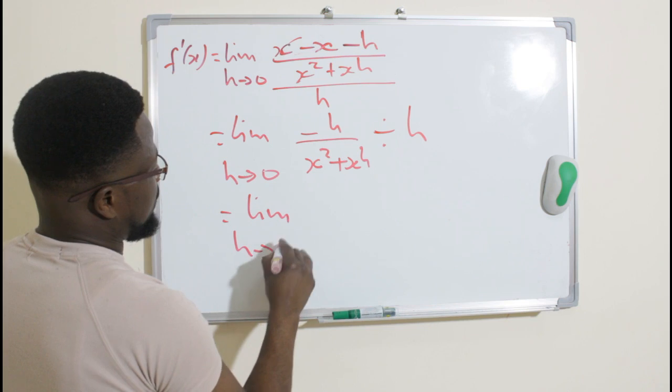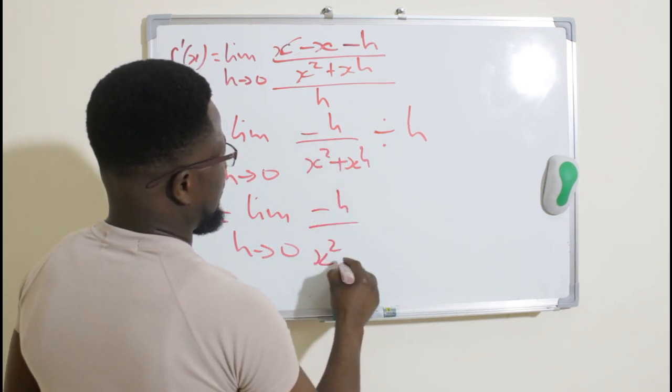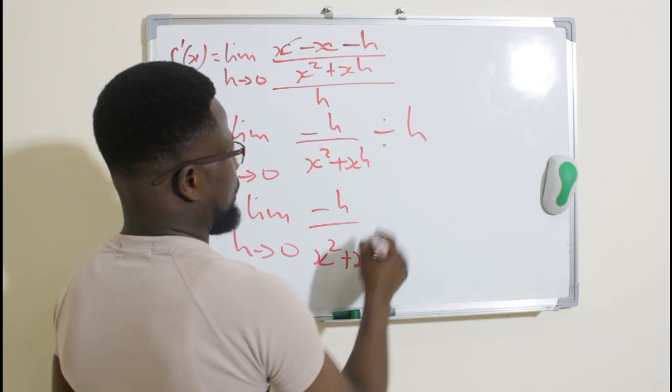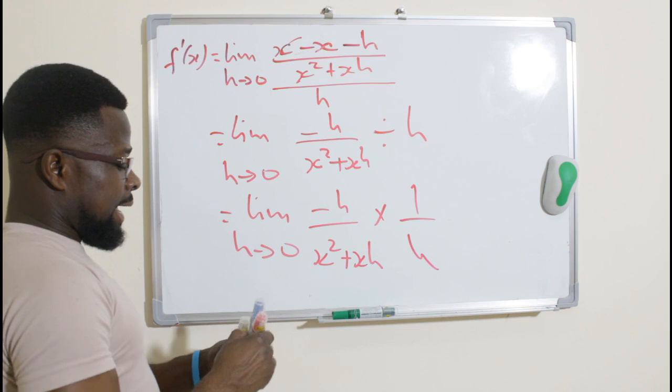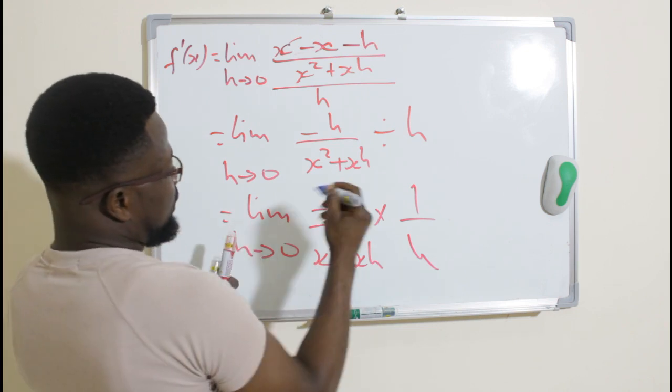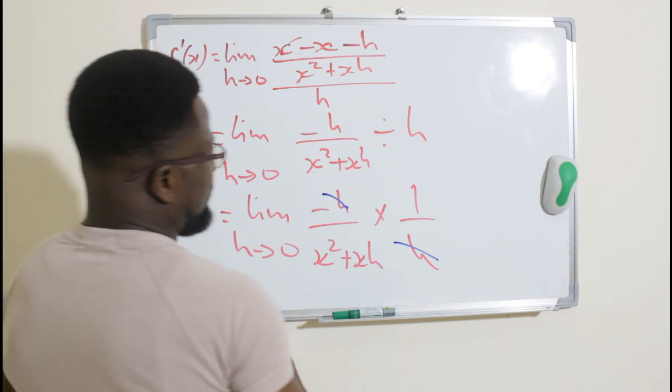So I will have negative h all over x squared plus xh multiplied by 1 over h. And again, we can see that this will cancel this.